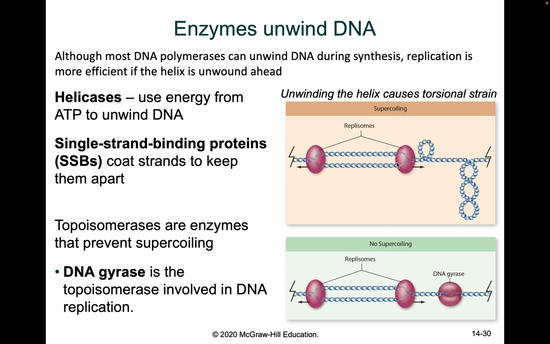One thing that also happens, because remember this is all wound up together, is that when you open this, you create some topoisomeric stress. It's literally the stress that's causing these coils.